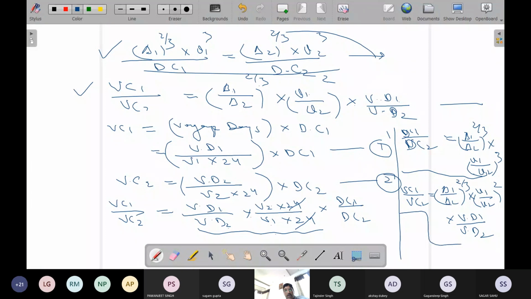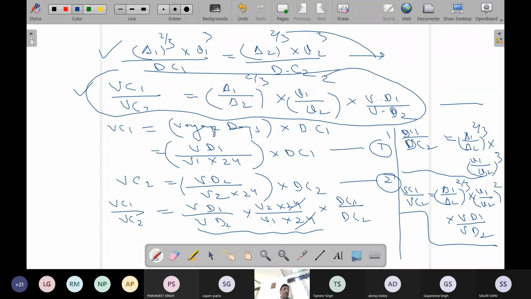This is what I will get finally as the relationship for voyage consumption. So this becomes easy for me to use, and instead of cube we have square. So this is a relationship which we can derive also ourselves, as I have done it. The only thing is I have to make use of the fuel coefficient formula DC1 by DC2. So this becomes my voyage consumption formula.